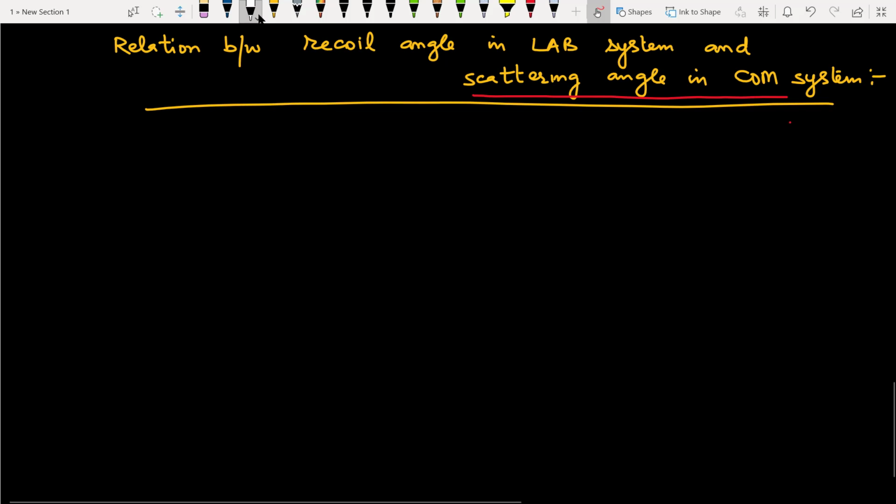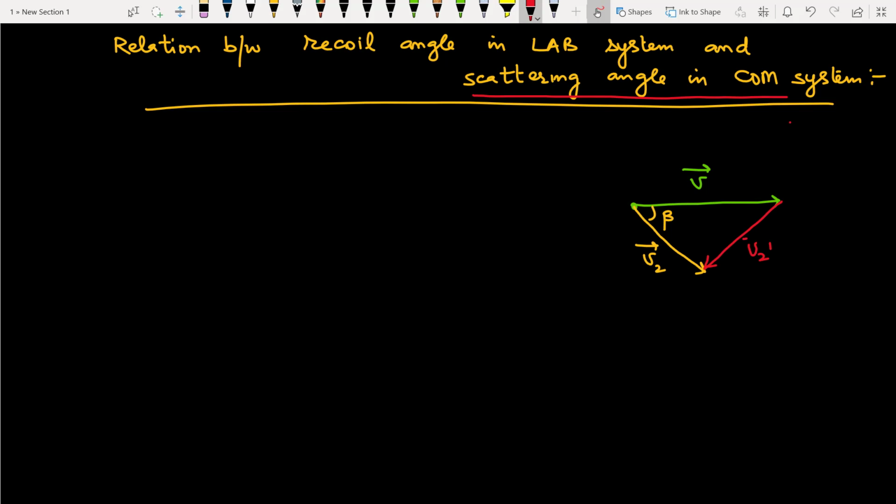And if we try to draw the diagram, then suppose this is the velocity of the center of mass, it is along the x-axis, and v2 is the velocity of the particle 2, and its recoil angle is beta in lab system, and v2 dash is the velocity and its recoil angle or angle of scattering, as both are equal, it is equal to theta. So you can depict it like this as well.